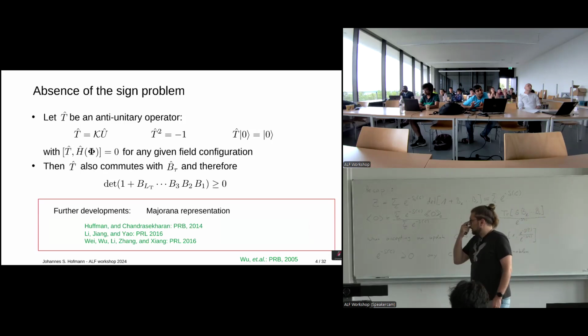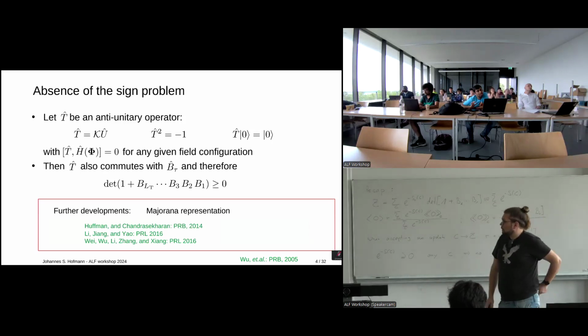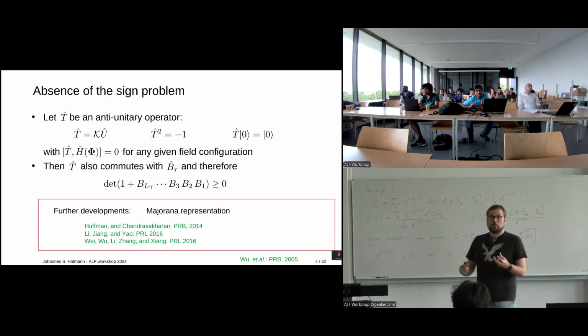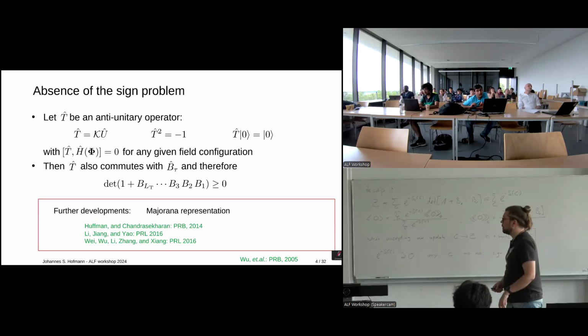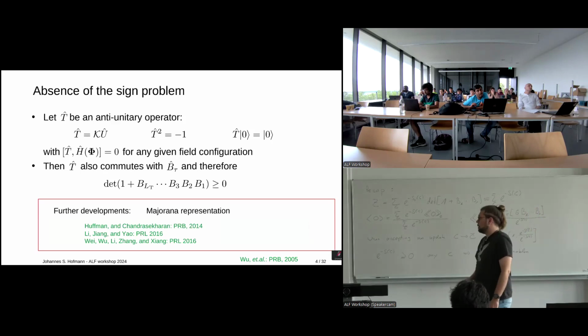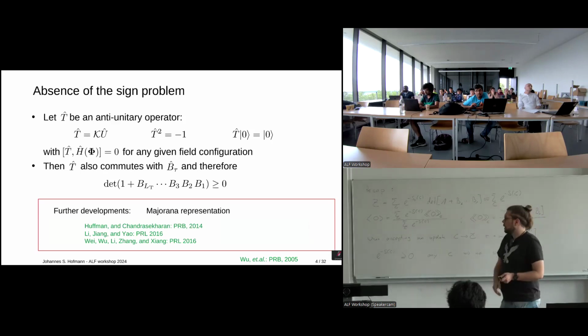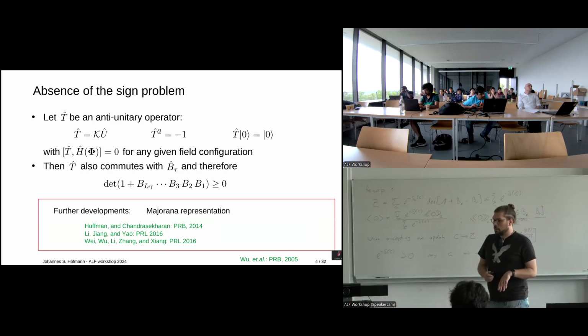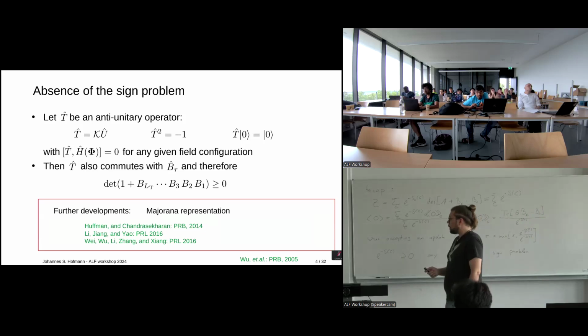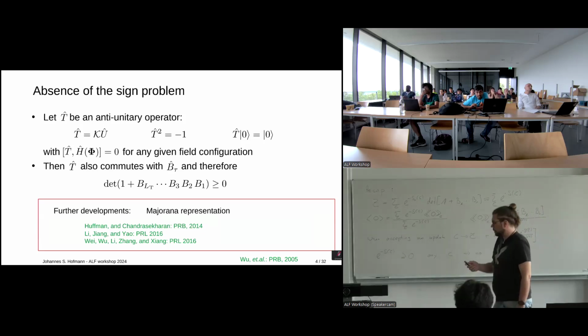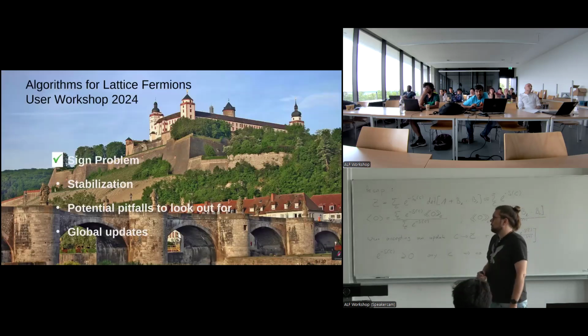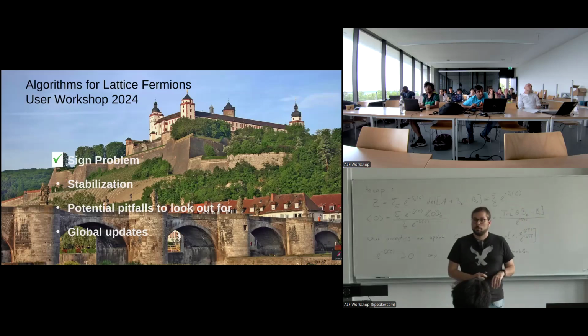There are additional developments where you can, for example, think about Majorana representations and find other combinations of symmetries to show that these determinants are positive. There are also now discussions where you have an approximate symmetry, but it's good enough to guarantee the absence of the sign problem. But this should conclude the discussion of the sign problem, unless there are questions regarding this.